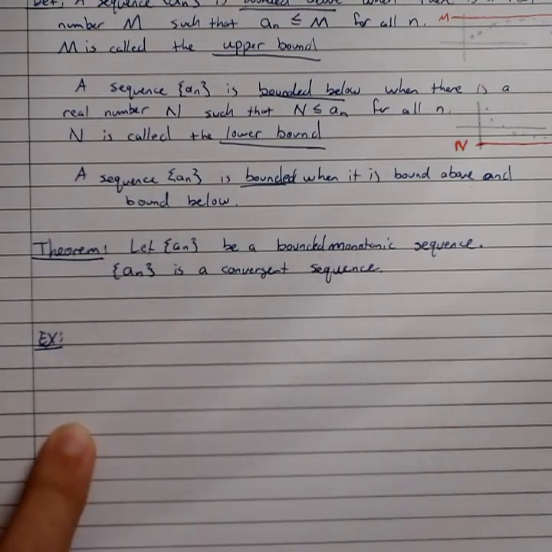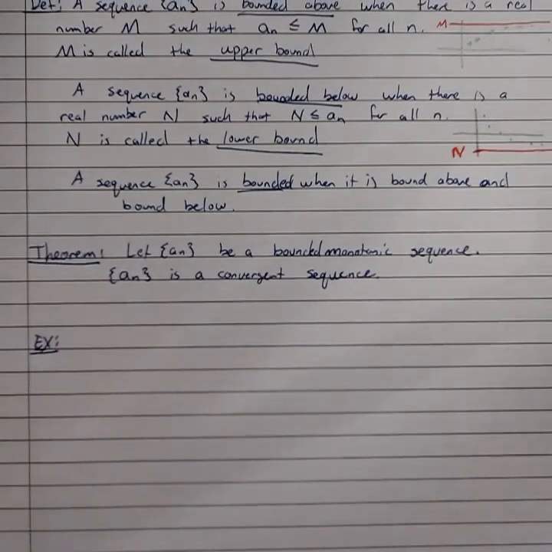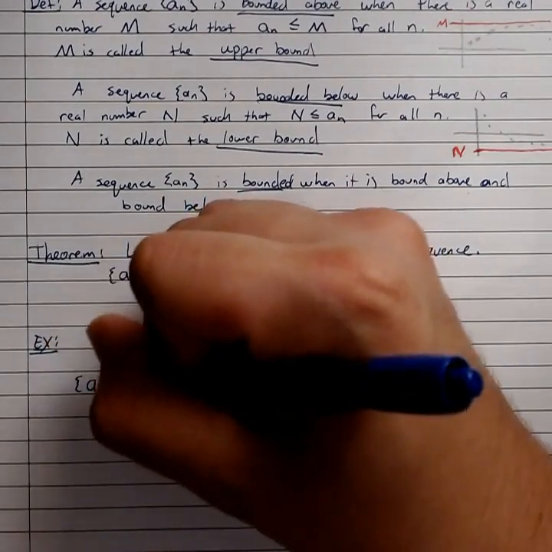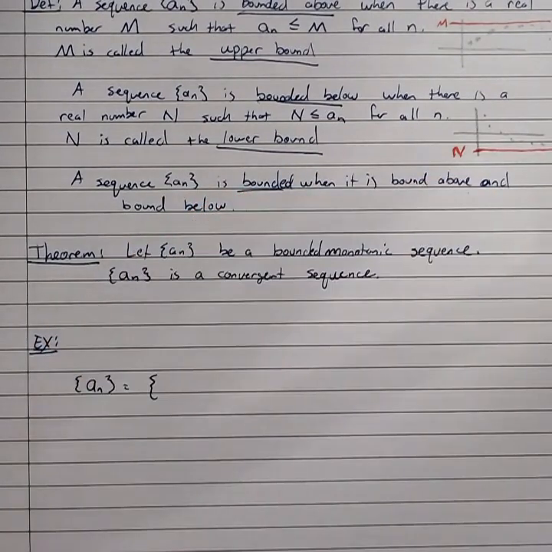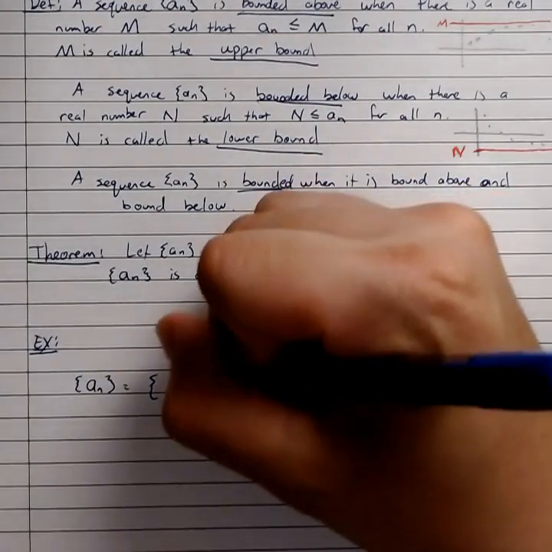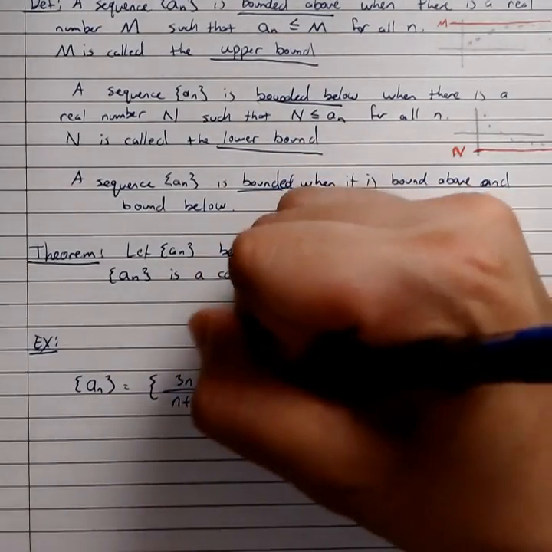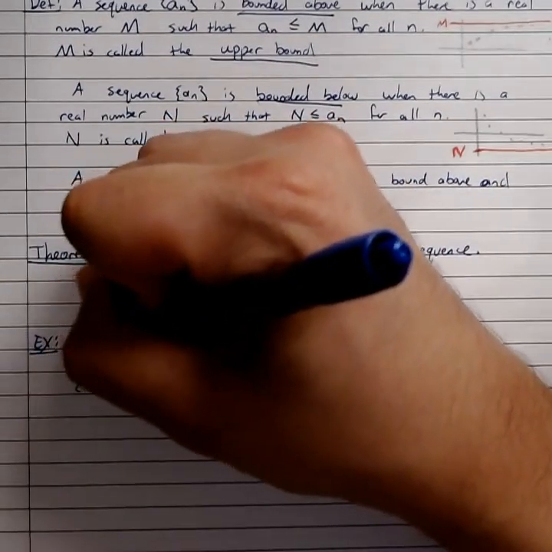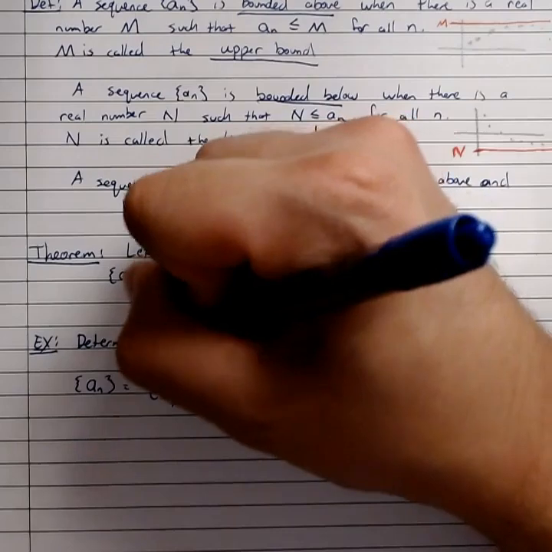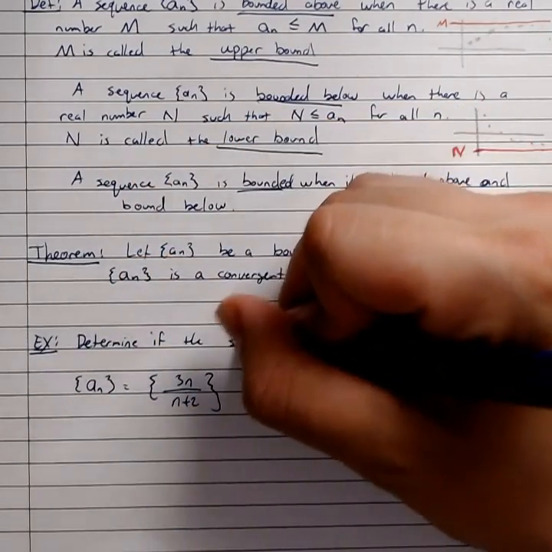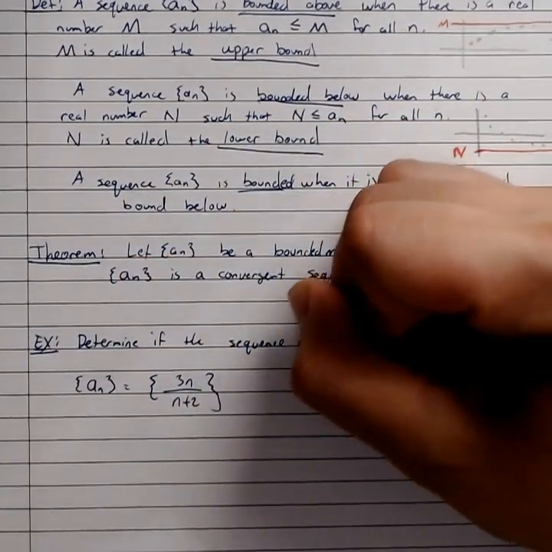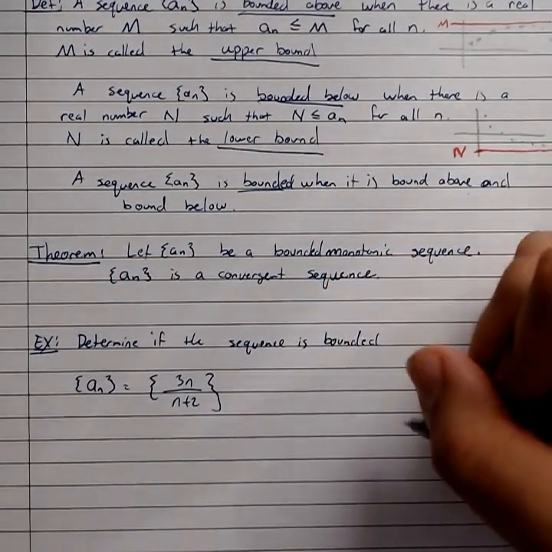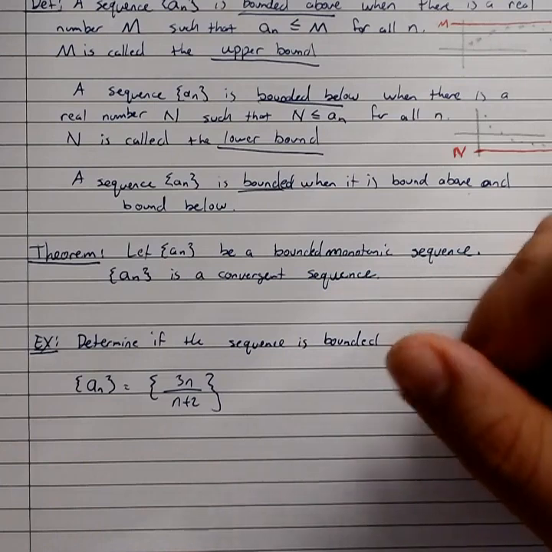So in any event, let's consider the example given by a sequence whose terms are A sub n equal to 3n over n plus 2. And the question is, determine if the sequence is bounded and monotonic.